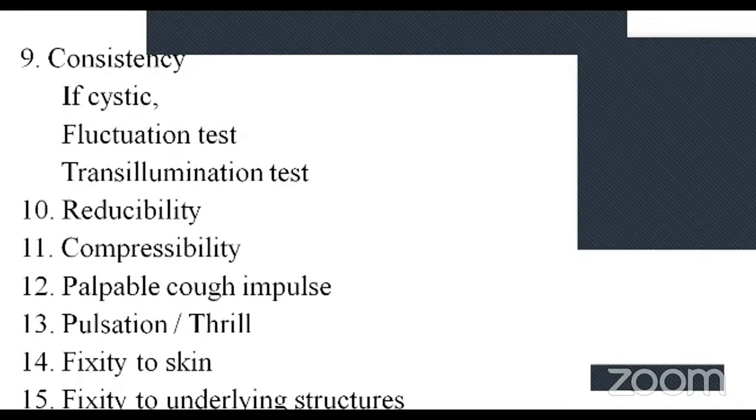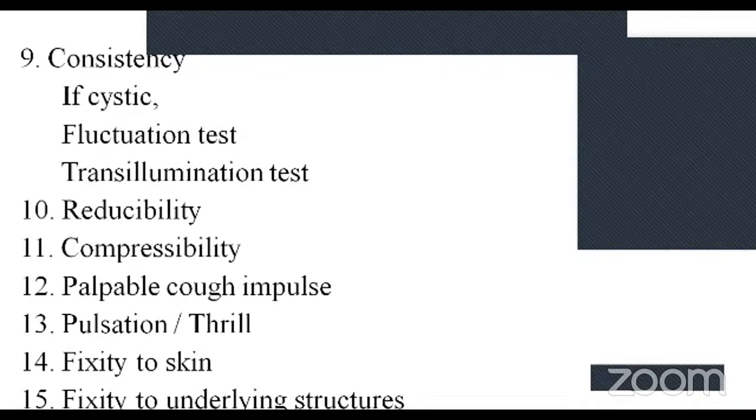One more thing I told is cross fluctuation. When pseudo fluctuation is over, what is cross fluctuation? If there are two separate swellings with an intercommunication between them, it can give a feel of cross fluctuation.